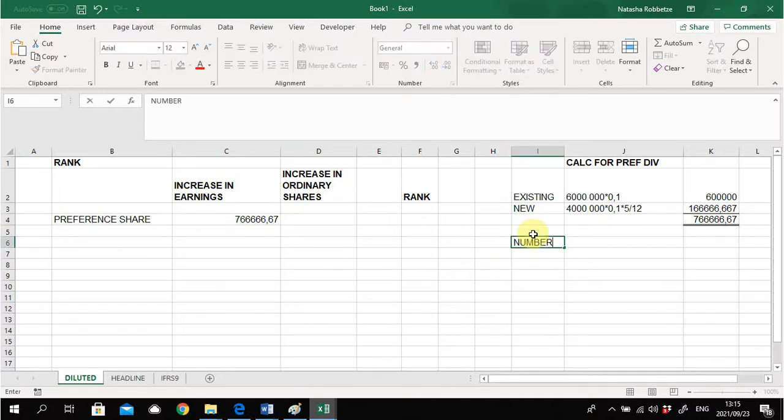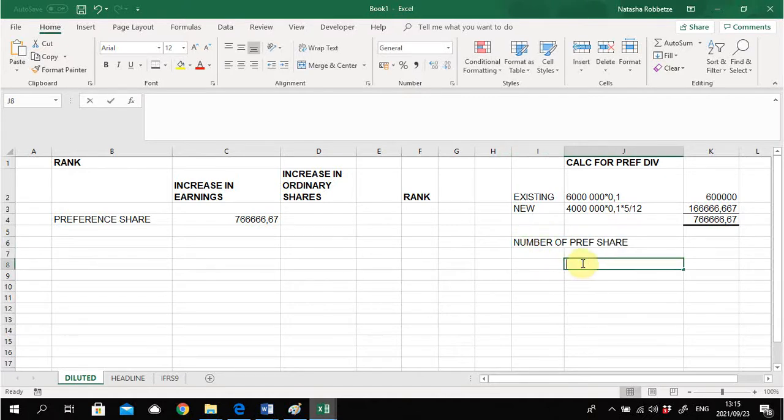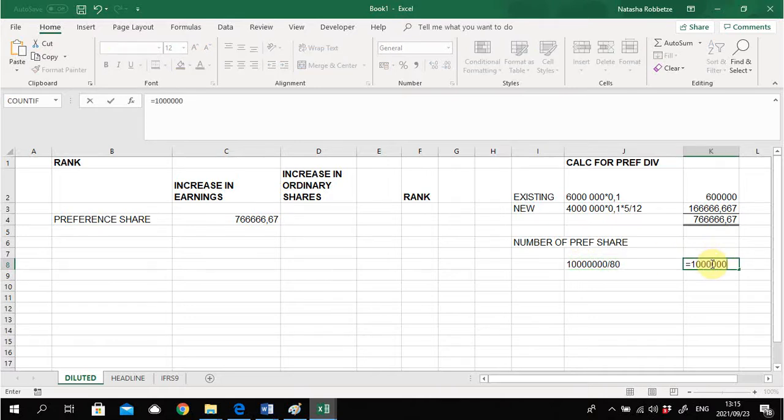So the number of preference shares would be 10 million rand divided by 80 rand for a preference share, as per the question, and that is 125,000.